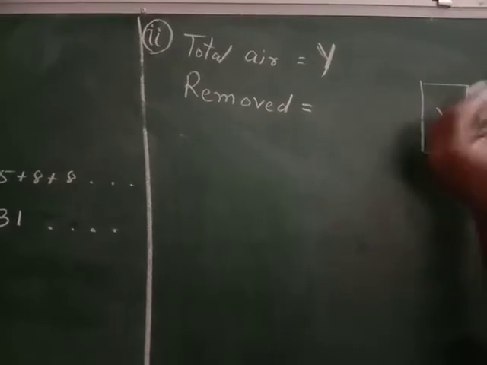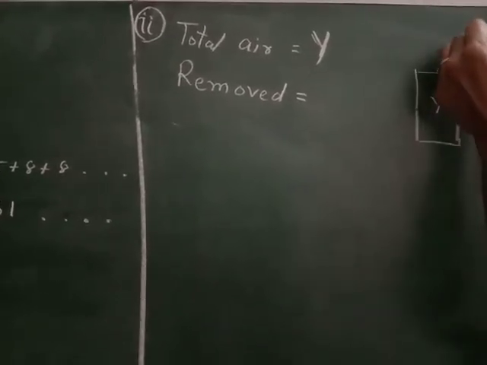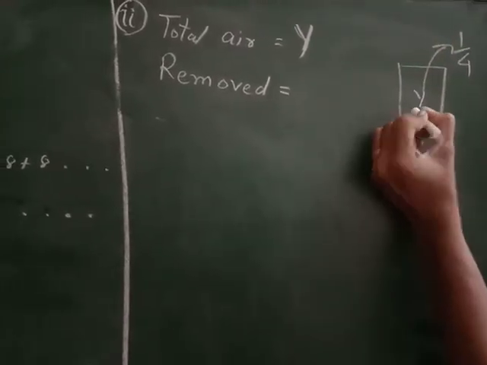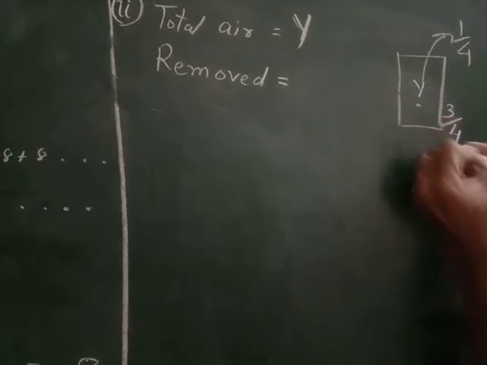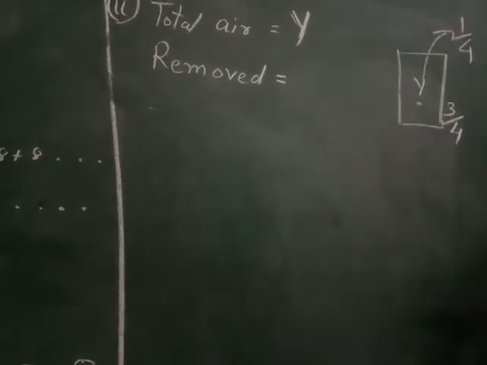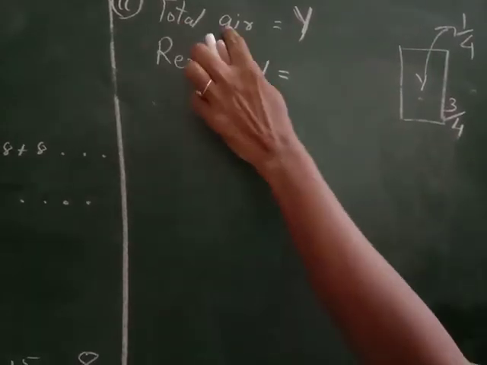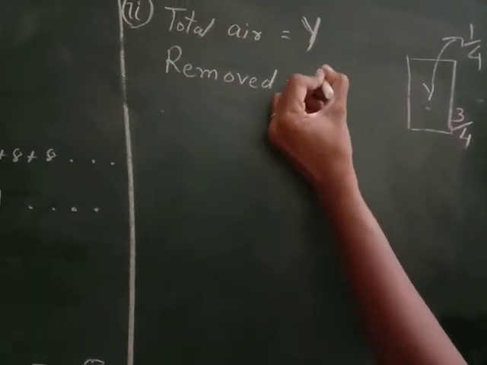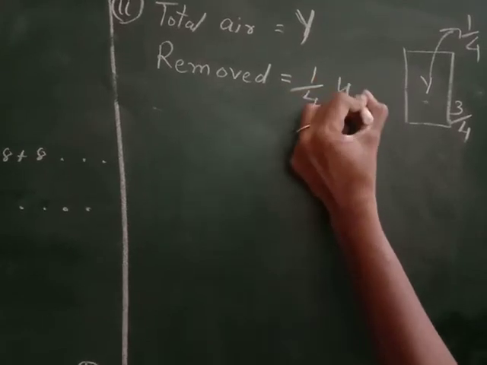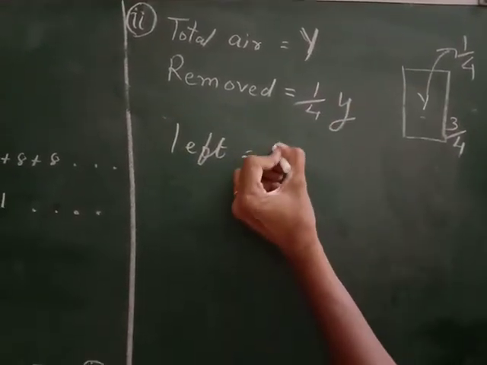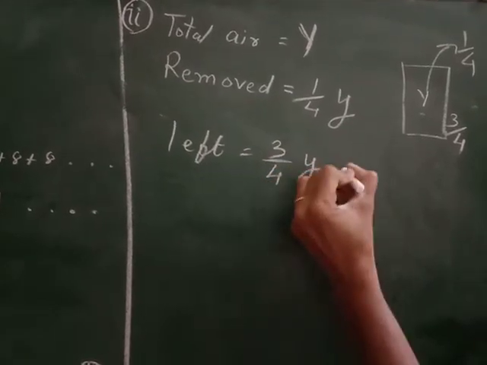Y. Now if I take out 1/4, how much will be left inside? Obviously 3/4. 1/4 is taken out. So how much will be left? 3/4 will be left. So if total air is Y, removed is 1/4 of Y. So how much will be left inside the cylinder? 3/4 Y.